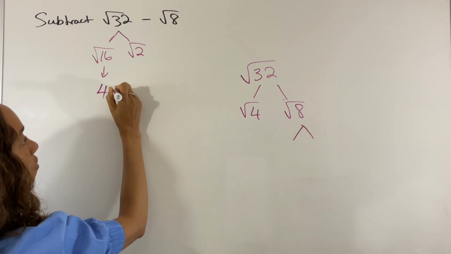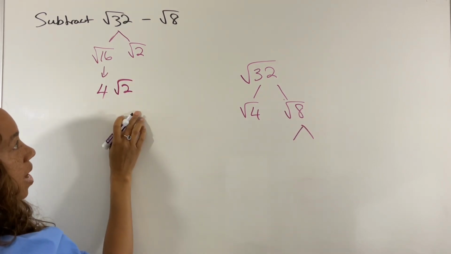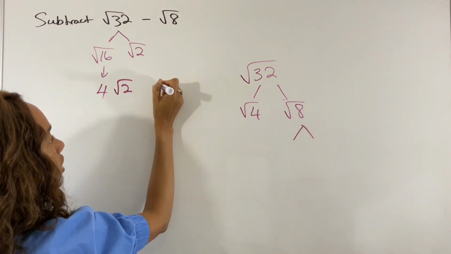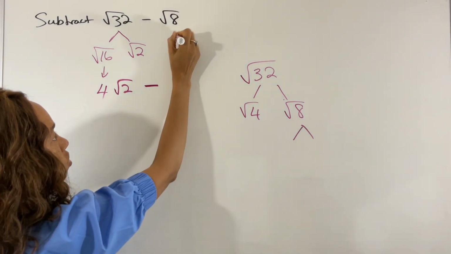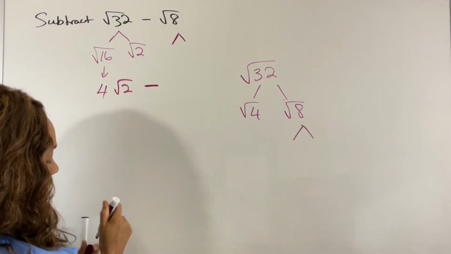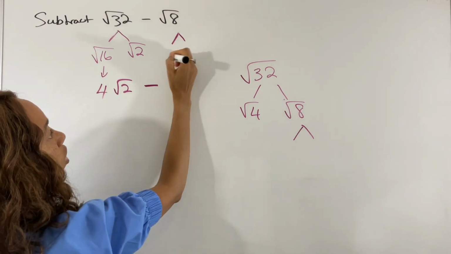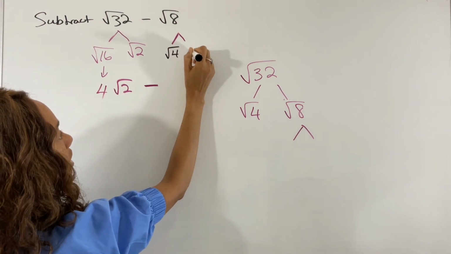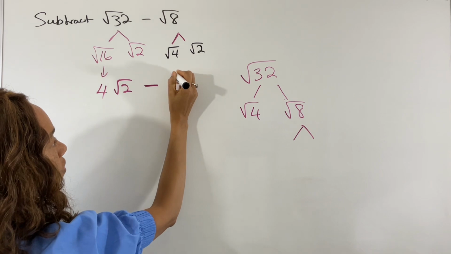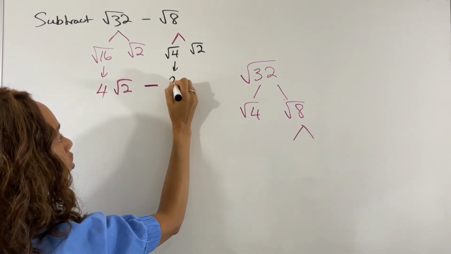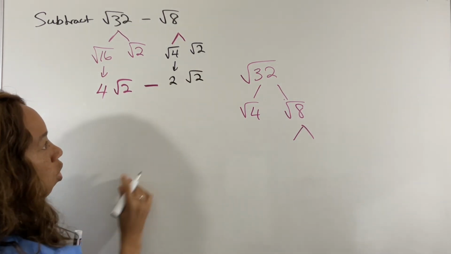You're going to have this right here, and then you're going to bring down your minus sign, and you need to break this down also. And when you break that down, you're going to end up with now square root of 4 and square root of 2 here. Square root of 4 is going to be 2, and you have the radical 2 also.